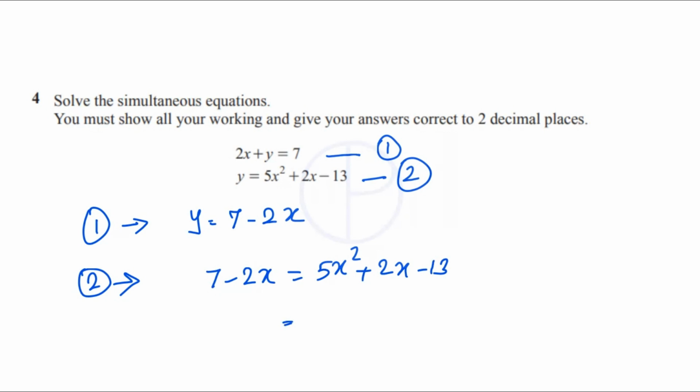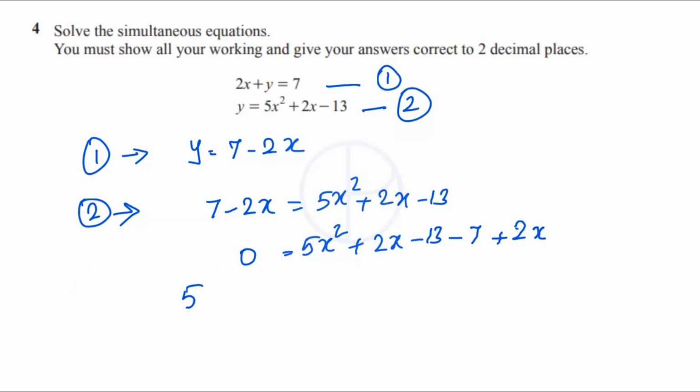Now bring all the terms to one side. So 5x squared plus 2x minus 13 minus 7 plus 2x. So 5x squared, 2x plus 2x is 4x, minus 13 minus 7 is minus 20, and this is equal to 0.